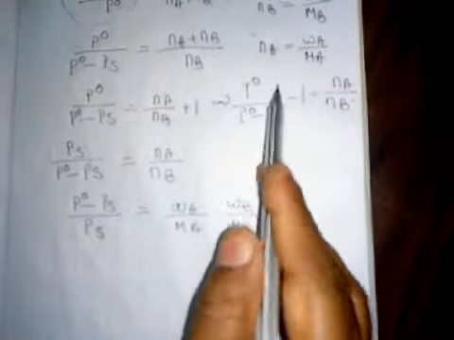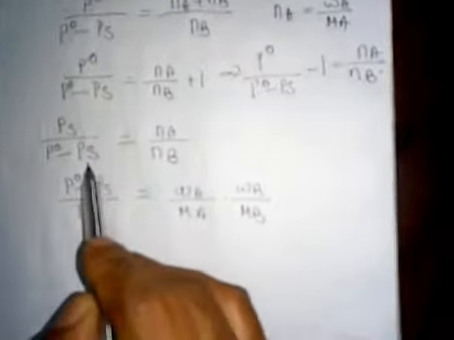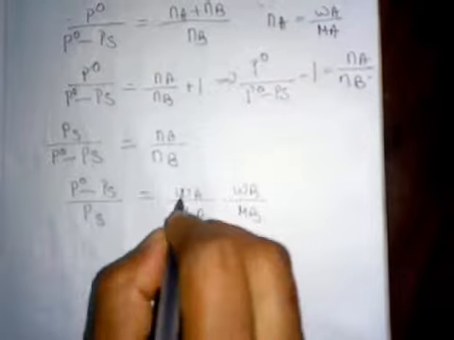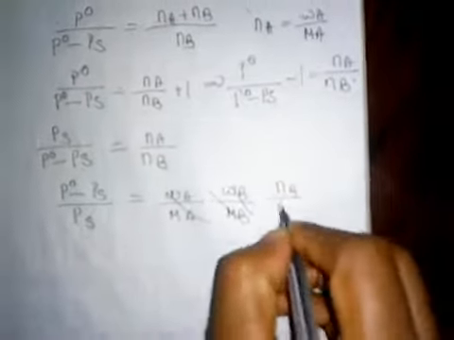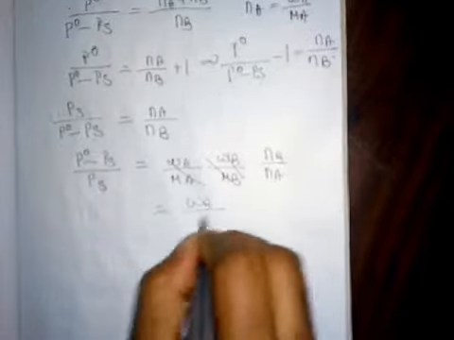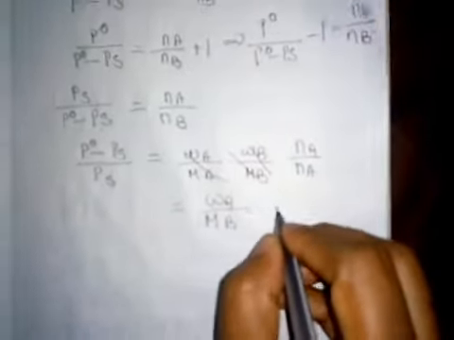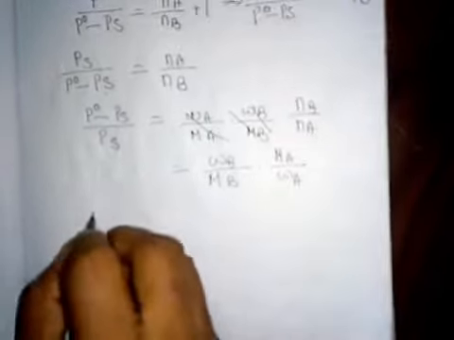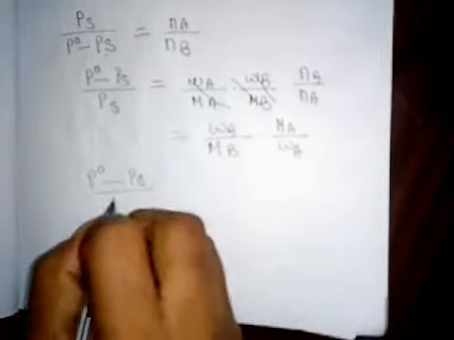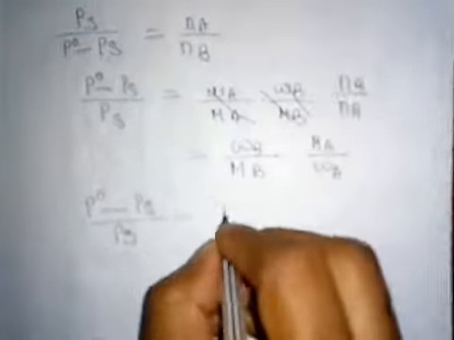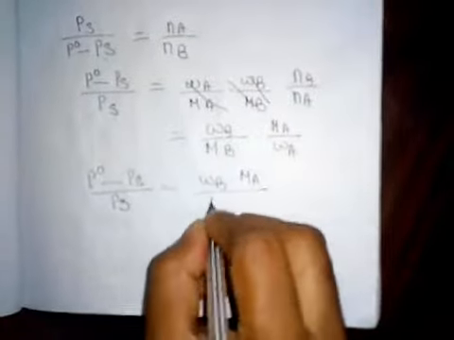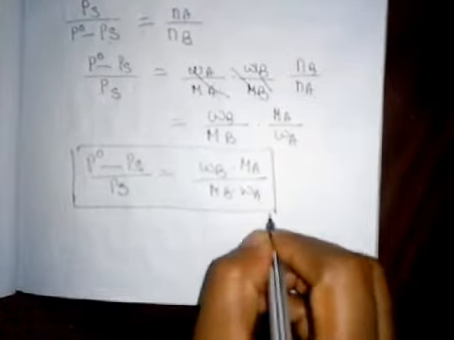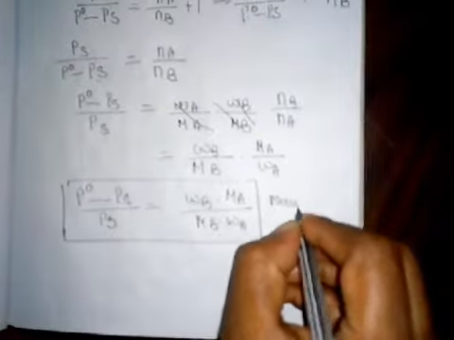So minus 1, P naught cancel, Ps by P naught minus Ps is equal to Nb by Na, or this is equal to Wb by Mb into Ma by Wa. So relative lowering is equal to Wb into Ma by Mb into Wa. This formula is used for numerical problems.